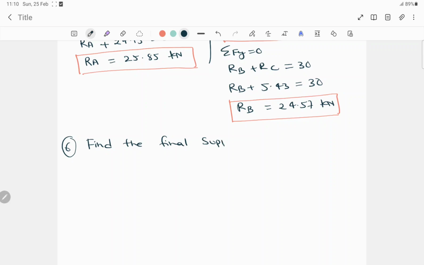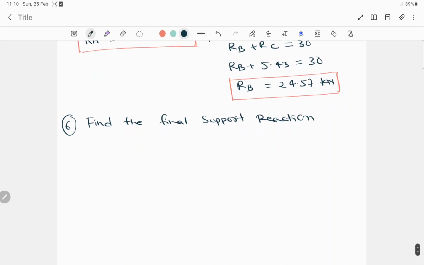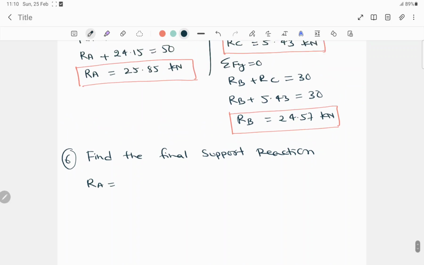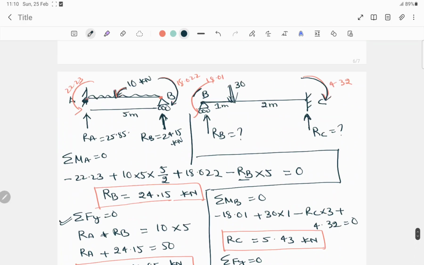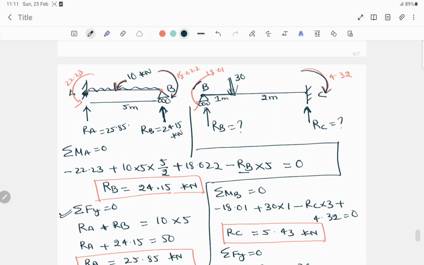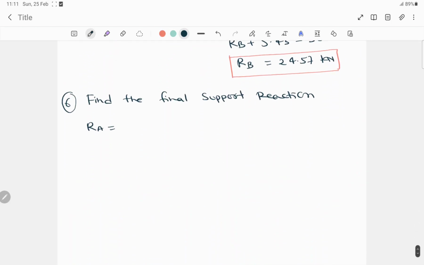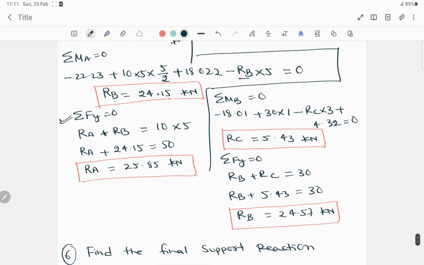Now the next step, step number 6, is to find the final support reactions. Okay, so here, what was the RA value in step number 5 for this span? Sorry, wait, I'll draw the diagram again. This one was like this, A, and this point was a roller.